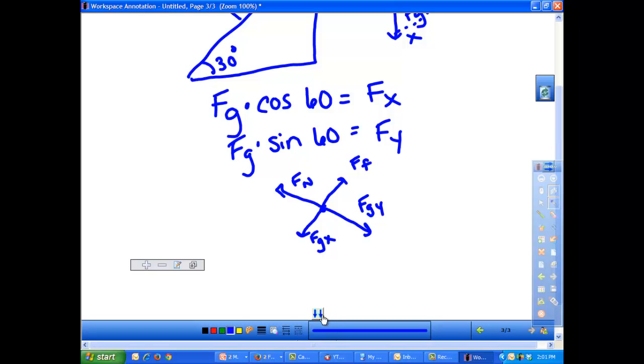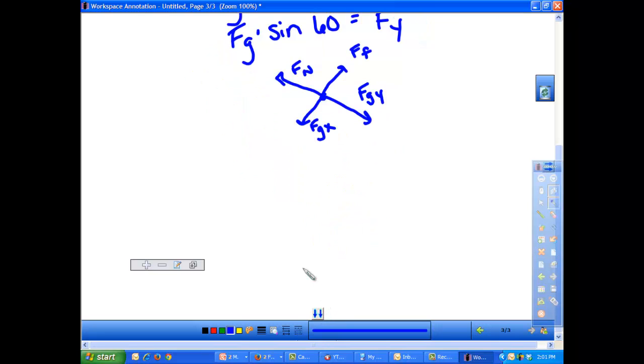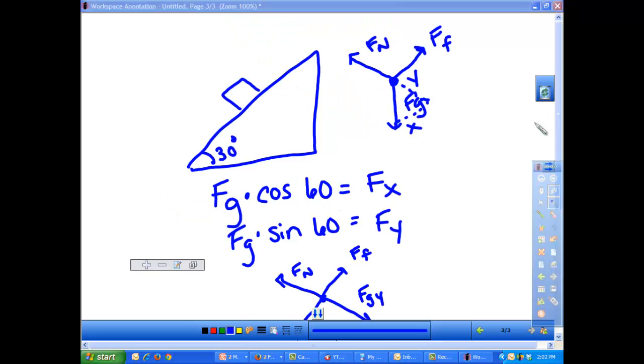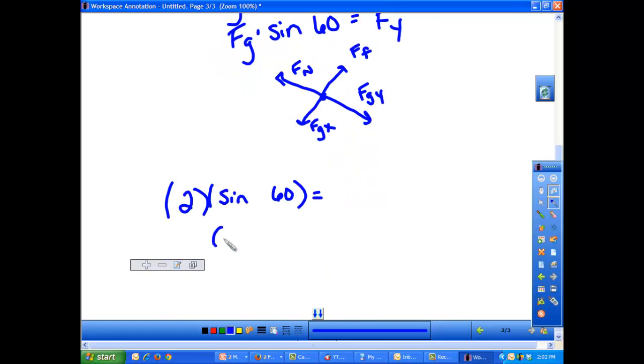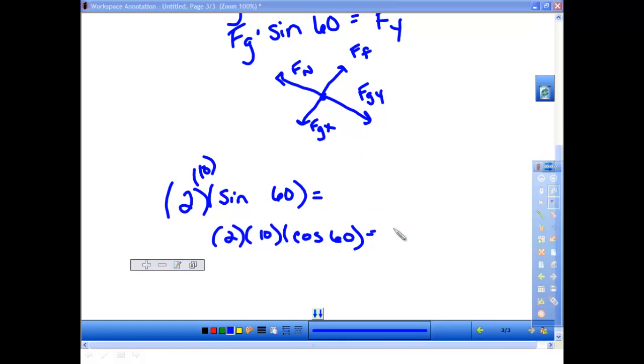So let's go ahead and take a look here. Your y component is going to be 2 times 10 times the sine of 60. And then your x component is going to be 2 times 10 times the cosine of 60.